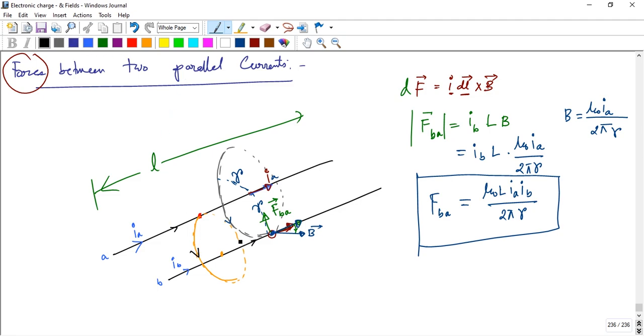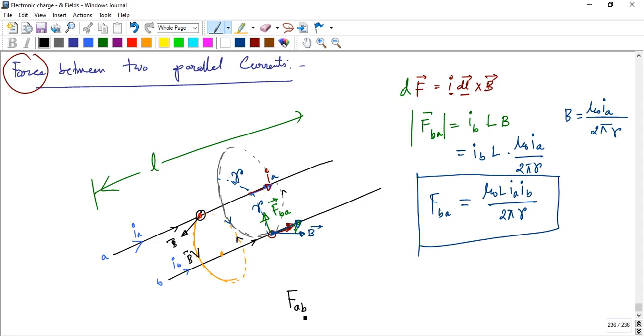Here is B, and at that point B is towards me. Suppose a top point, if these two lines are parallel, so that's the B. So here there is a force between A and B.